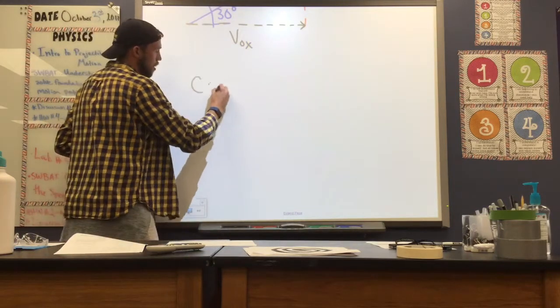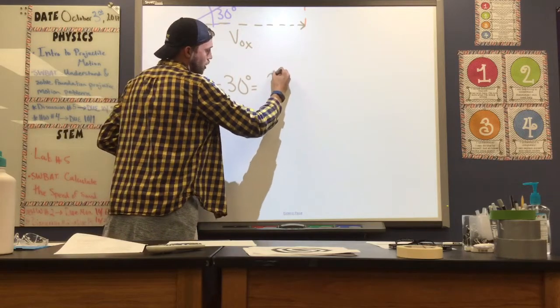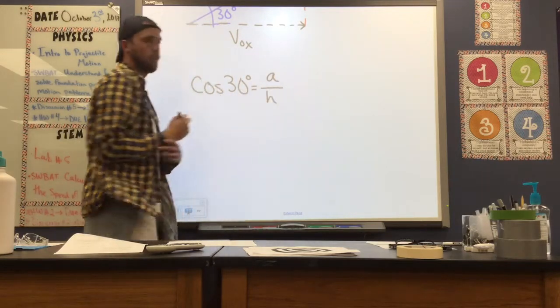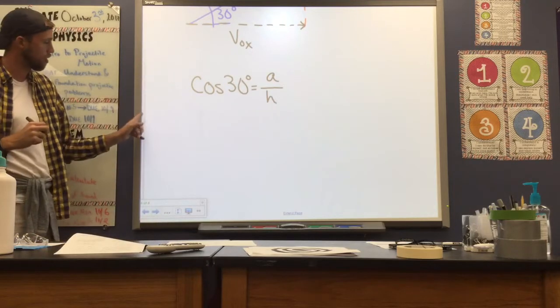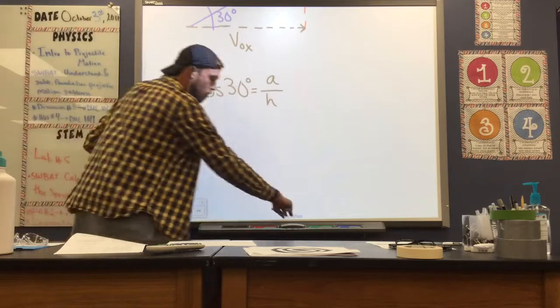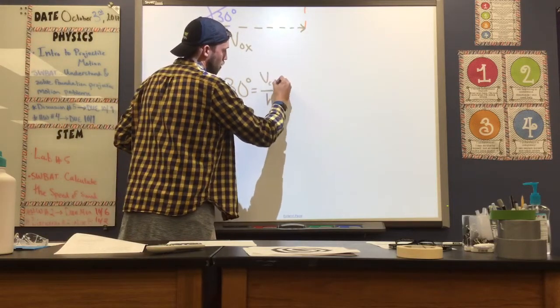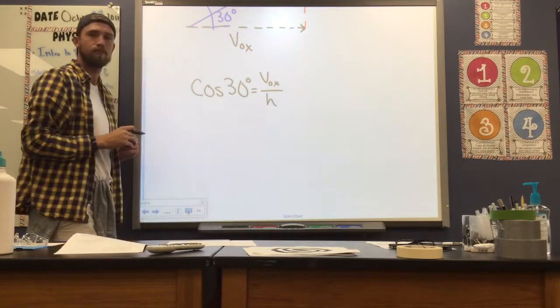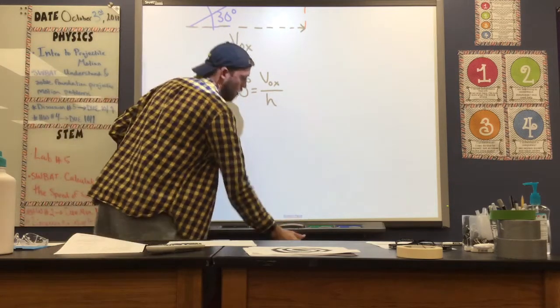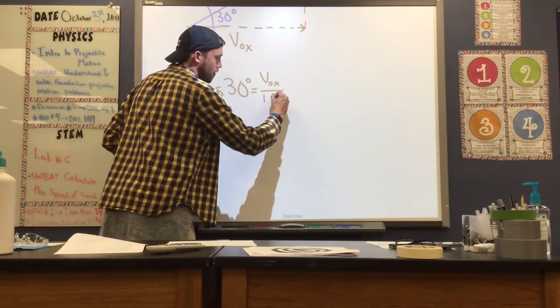Cosine of 30 degrees is equal to adjacent over hypotenuse. CAH. Now, what is adjacent is my initial velocity in the x, so I'm going to plug that in, which we don't know, v naught in the x direction, and we do know our hypotenuse. That is the 1,850 meters per second.